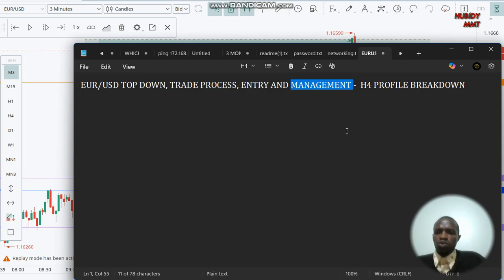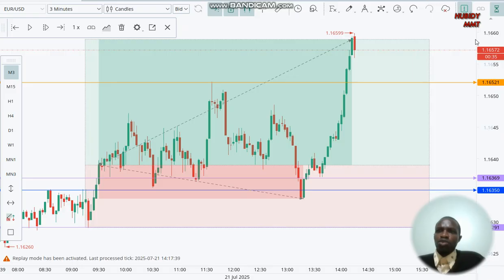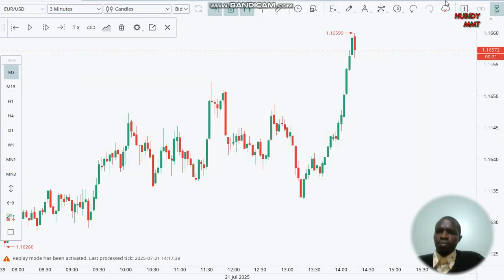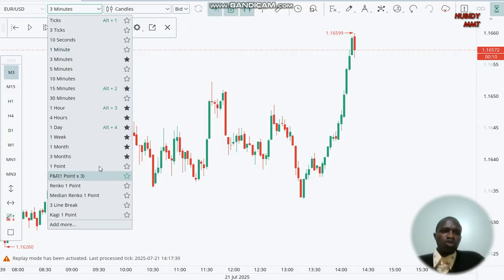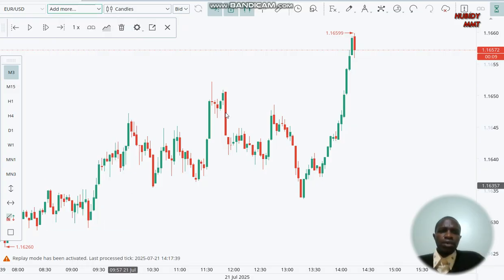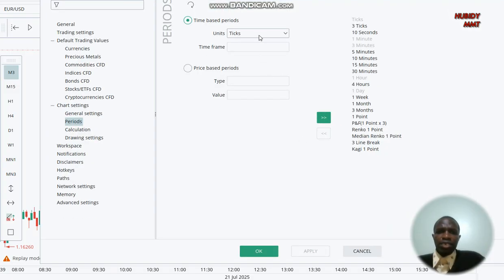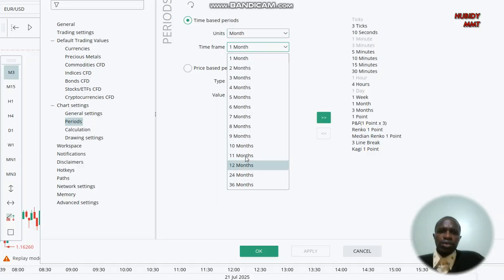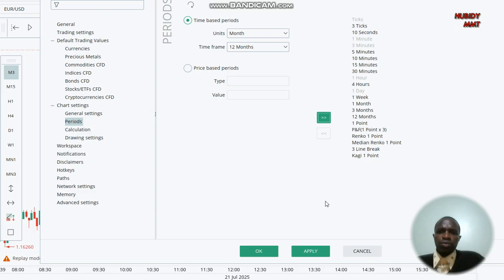This trade was on the H4 profile. So I will start with the top-down analysis. Now our top-down analysis, we begin from a higher time frame. We begin from yearly all the way down.